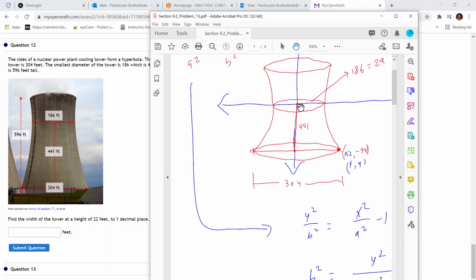So from origin, at a height of 22 feet. This is the ground part, the bottom part is the starting point. If you go 22 feet above the ground, which is 441 minus 22, that means you can find the distance of that point from the origin.